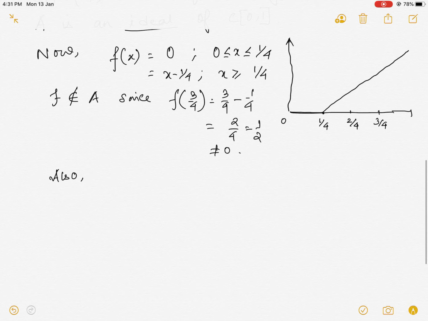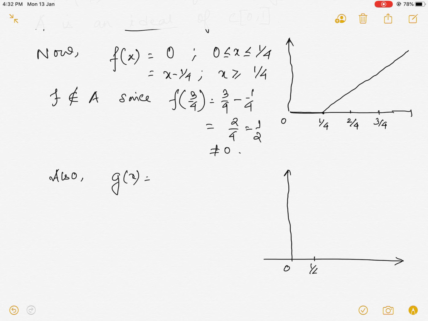Also, consider another function g(x), the function defined as follows: this is 0, this is 1/4, this is 2/4, this is 3/4, this is 1.